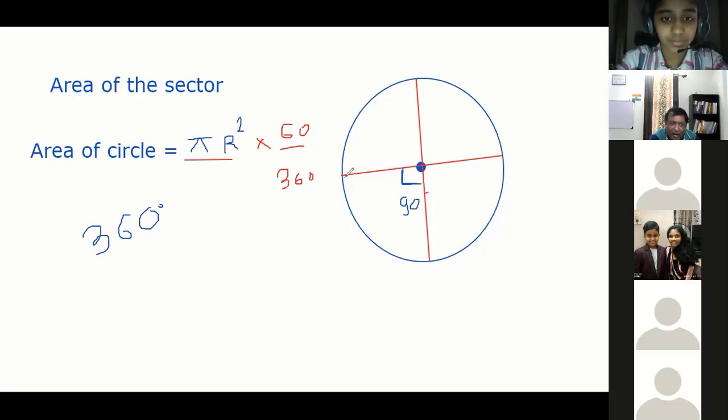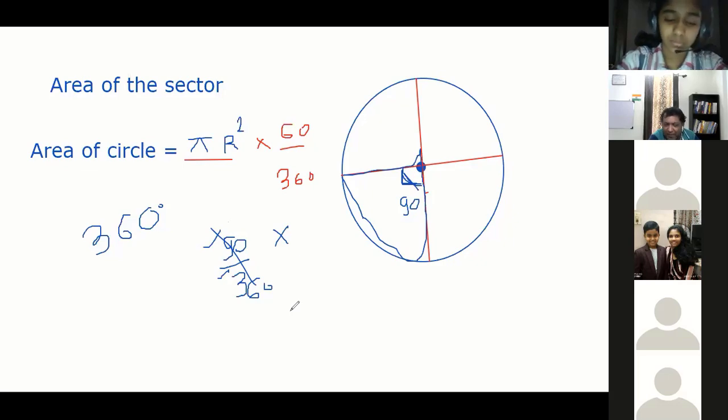So if I want to know the area of this sector, you are doing the same thing: the angle of this is 90, and the total angle is 360. So 90 by 360 into the area of the full circle. What is 90 by 360? 1 by 4, right? Finally, the angle of this by the angle of the full circle.